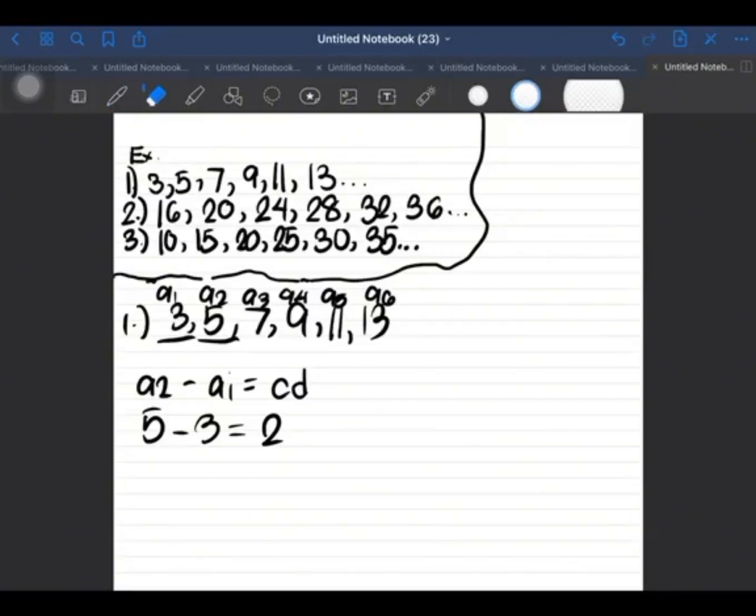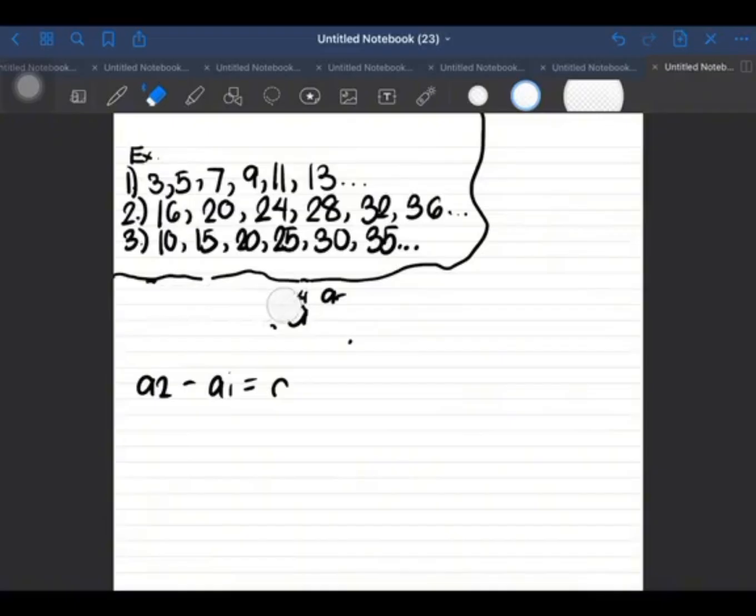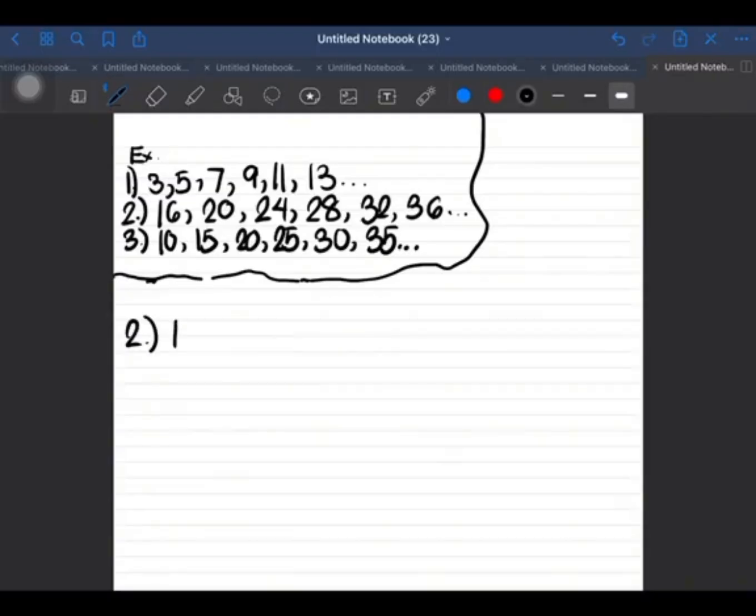Now let's go to the second one. The second example is 16, 20, 24, 28, 32, 36. So we already know how to find our CD.